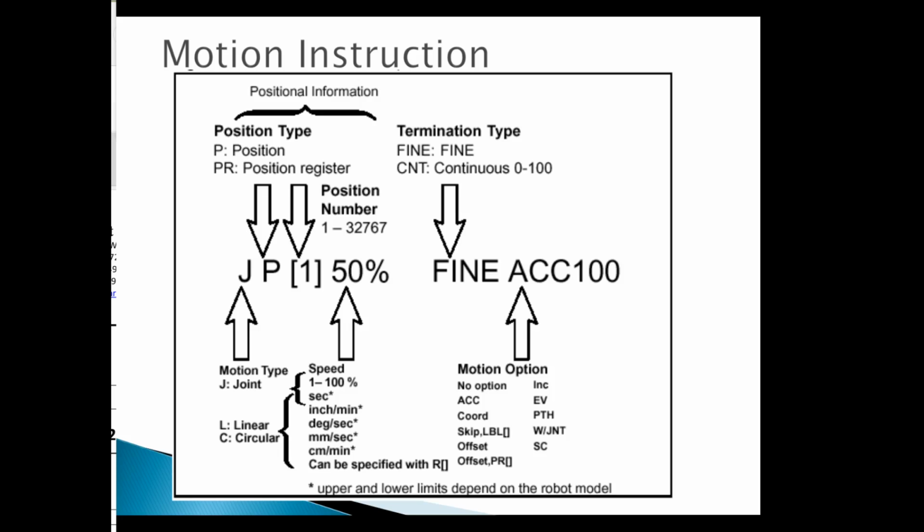That's the maximum speed the robot can move the tool center point. So if this instruction has a speed of 50%, then that would be 2,000 millimeters per second, because the maximum is 4,000 and 50% is half of that.